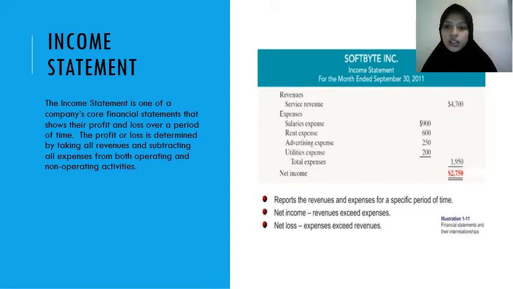You can see this in the example of Softbite Incorporation, where the net income is 2,715. It reports the revenue and expense for a specific period of time. Net income is when revenue exceeds expense. Net loss is when expense exceeds revenue.